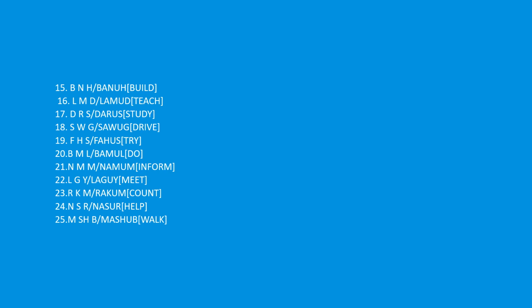So we have B, N, H: the B letter, the N letter, and the H letter. When you place the A between the B and the N, and the U between the N and the H, the B letter is hard. So we pronounce that bana. Now this means to build.